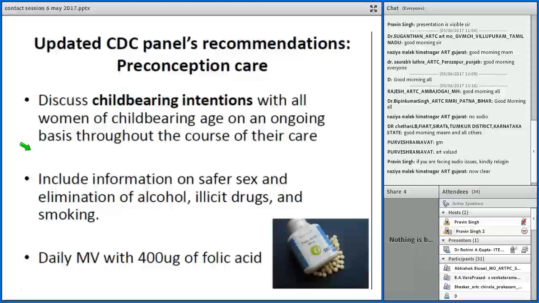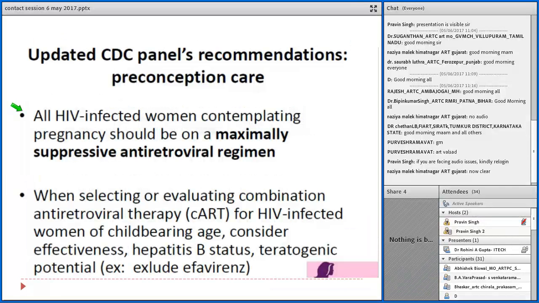So updated CDC panel recommendations are: discuss childbearing intentions with all women of childbearing age, include information on safe sex, elimination of alcohol, illicit drugs, smoking, and most important, daily multivitamin supplementation with 400 micrograms of folic acid.